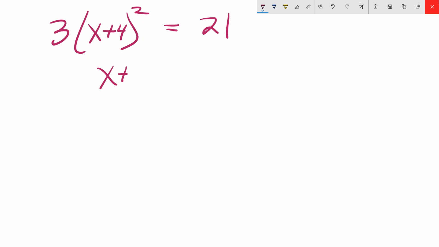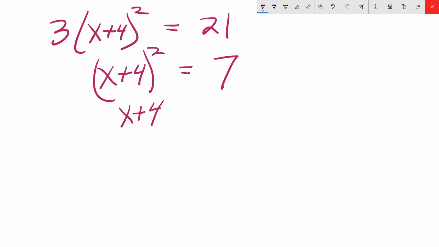So the next line should be this, and then once we've isolated what's being squared like we just did, now you can take the next step, which is? You square root both sides. What's the next line? So it's x plus 4 equals root 7.